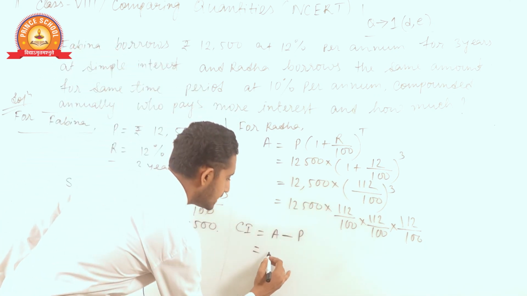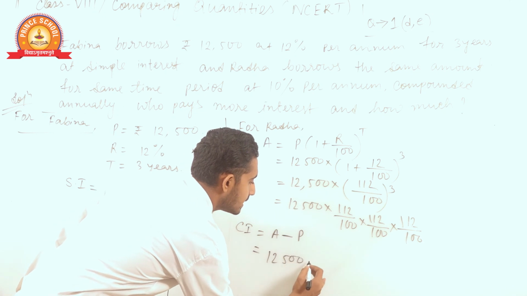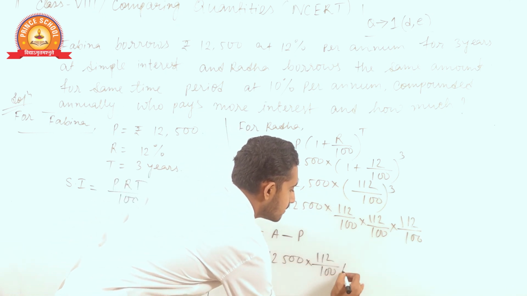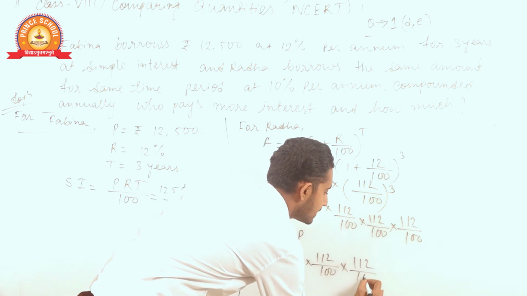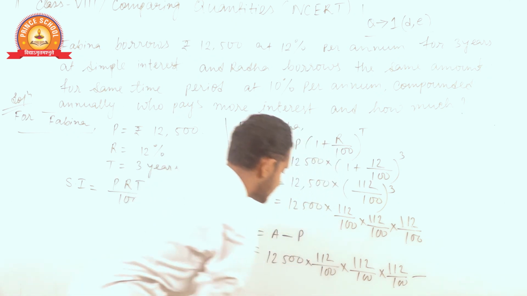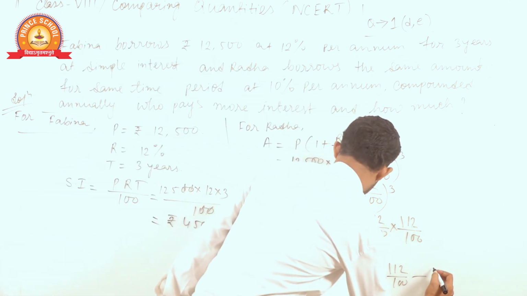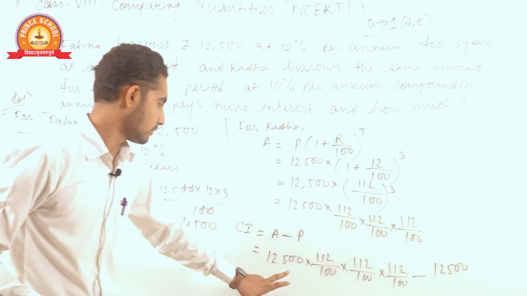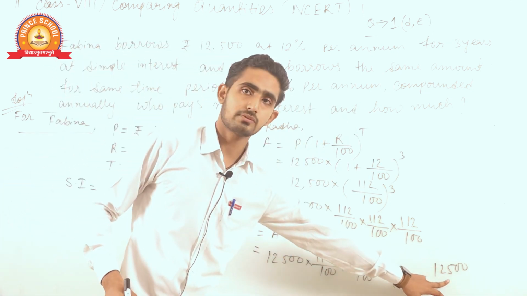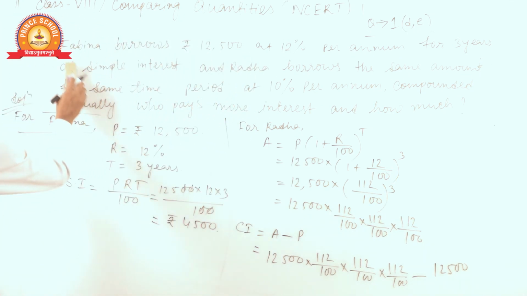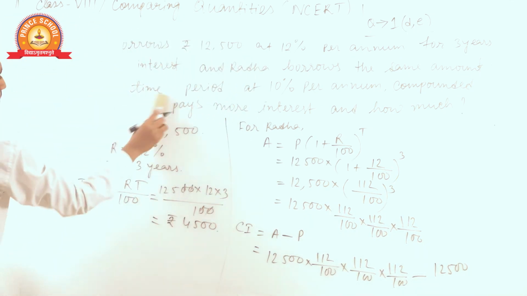Okay. Amount minus principal. Amount is given how many? 12,500 multiply 112 upon 100 multiply 112 upon 100 multiply 112 upon 100. Okay, minus P. How much is P? 12,500. Now one thing we can do, here also 12,500, so we can take it common. So I will erase this part.